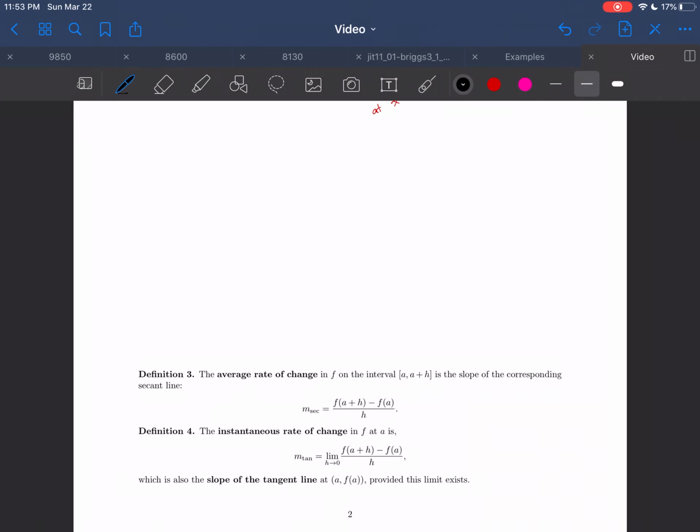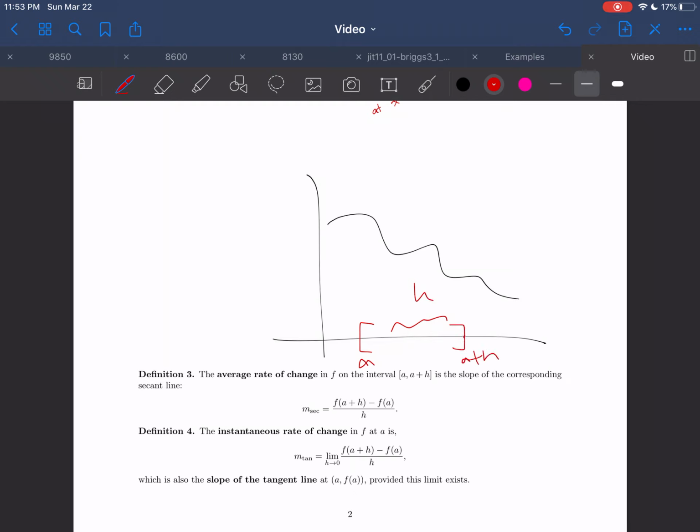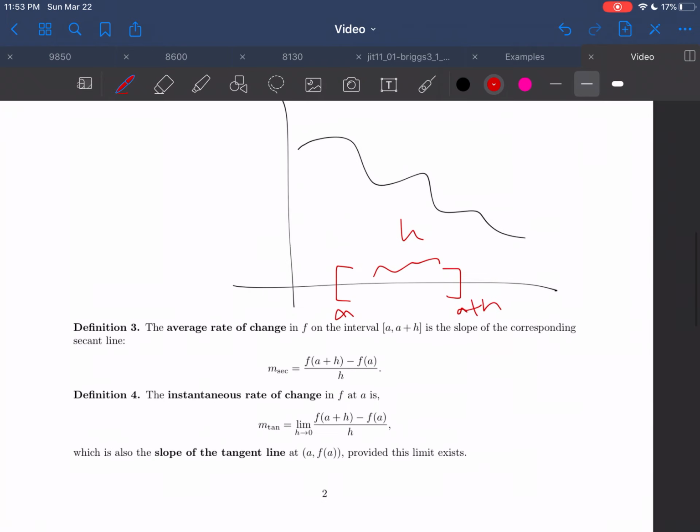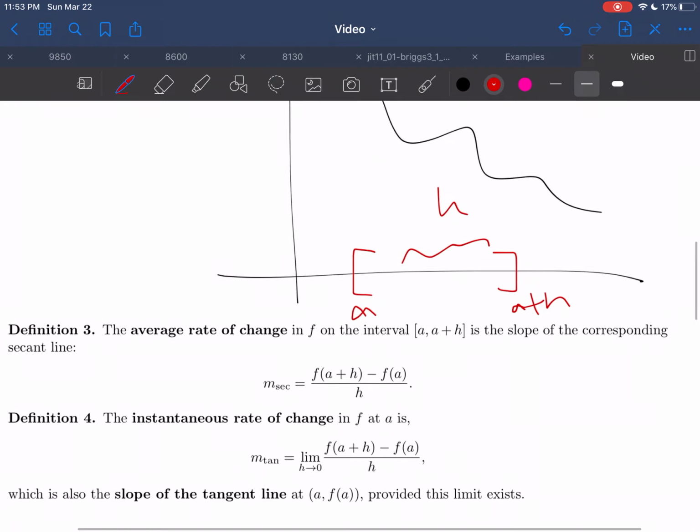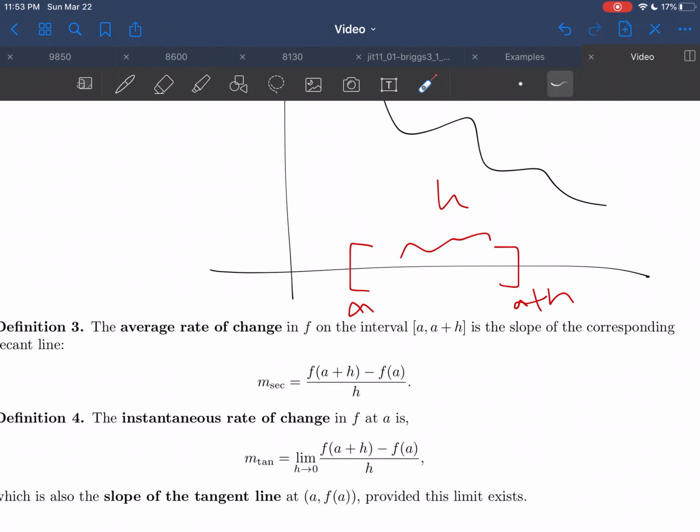If I have some function, I know what my a is, I'm going to add h to it and get a plus h. And so if we apply our slope formula to this to find the slope of our secant line, what we end up with is the a's cancel in the denominator.